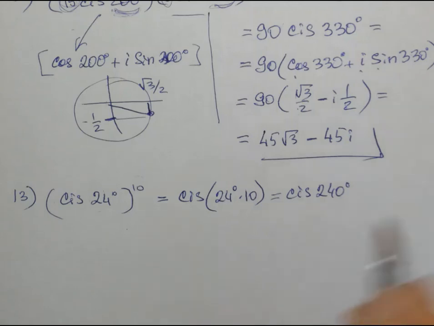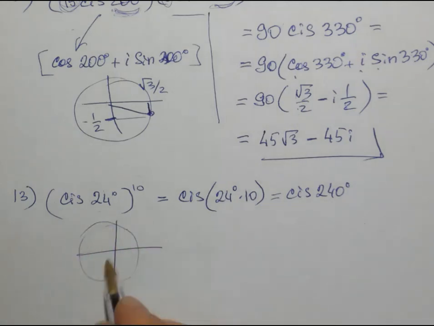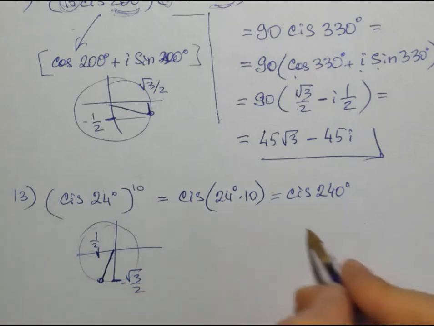240 degrees. On the unit circle, it is the point in the third quadrant, 240. Reference angle is 60. For this point, the y component is negative square root of 3 over 2, and the x component is negative 1/2.